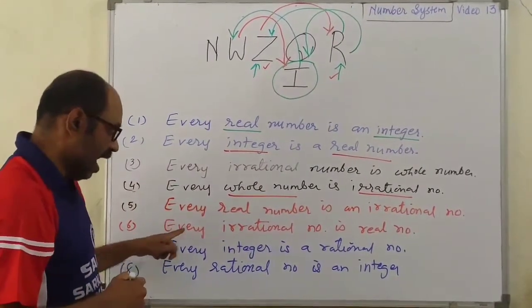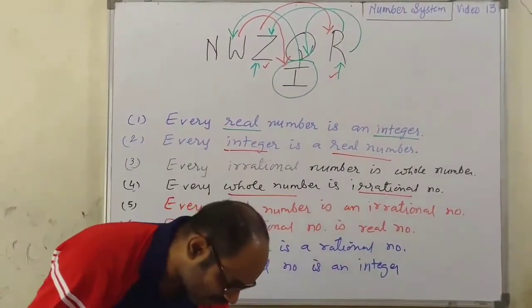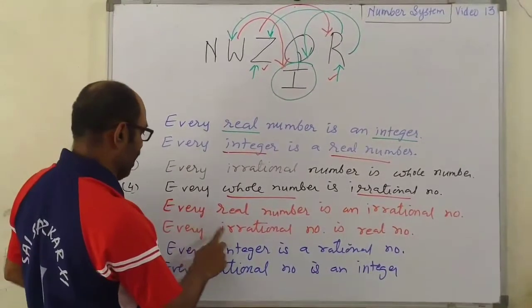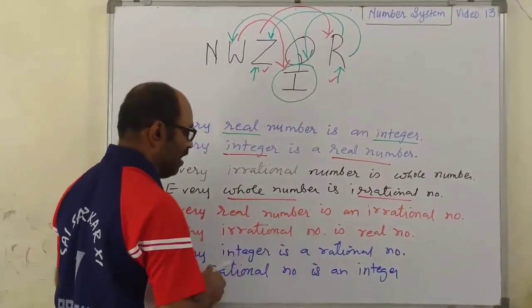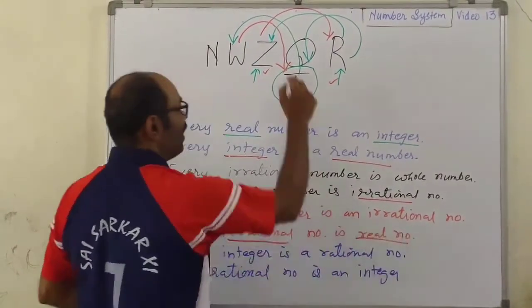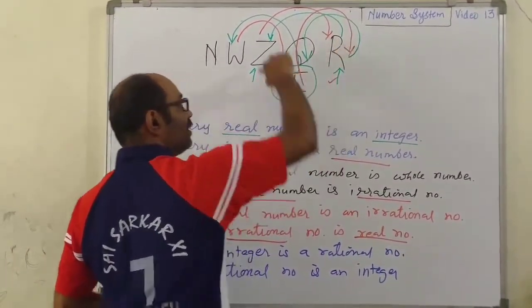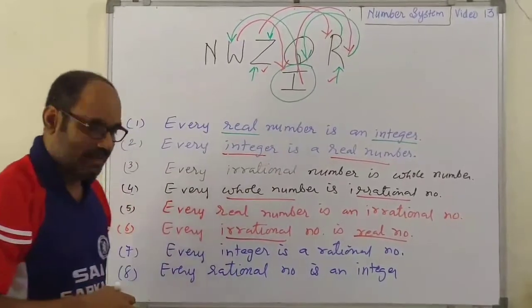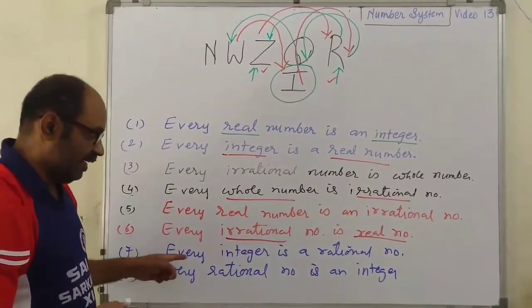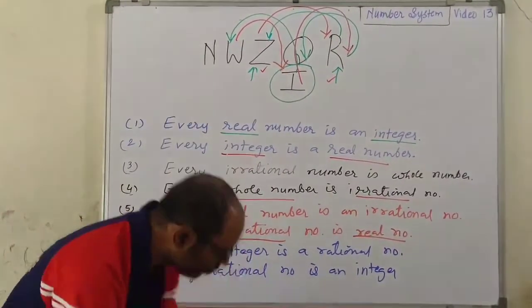Okay. Next. Every irrational number is a real number. So I start from irrational, I, to real number. See that arrow. Alright. Next, every integer is a rational number.